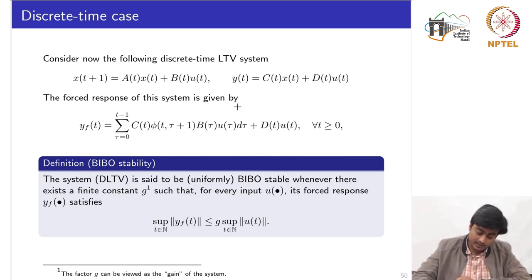For the discrete time case, given A, B, C, D time varying matrices where t belongs to the set of integers, we have seen earlier that the forced response of the system is given by this equation. The definition of BIBO stability for the discrete time system remains the same: the system is BIBO stable whenever there exists some finite constant g which satisfies this inequality.